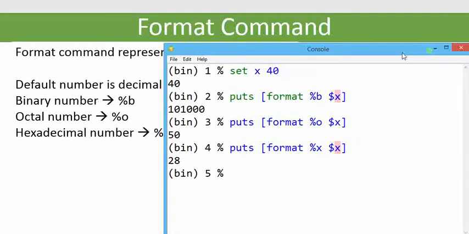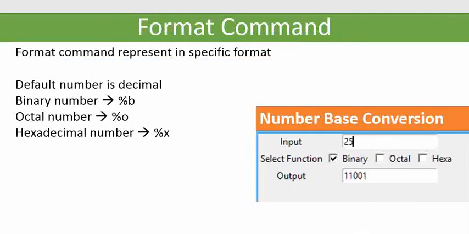Now, in this example, I have integrated one application of the binding feature. Suppose I have taken one GUI for number base conversion, in which the user is prompted to put input in decimal format in the entry box. Now here the user can select any function.